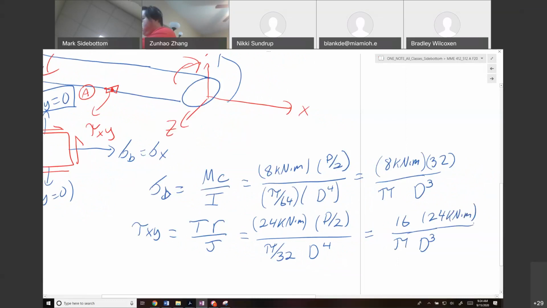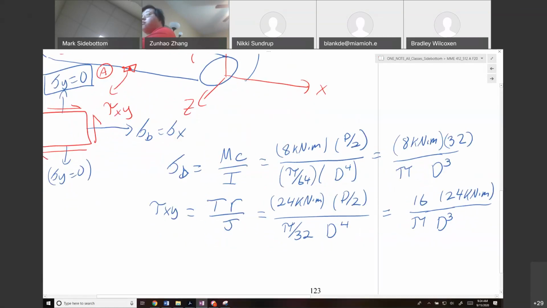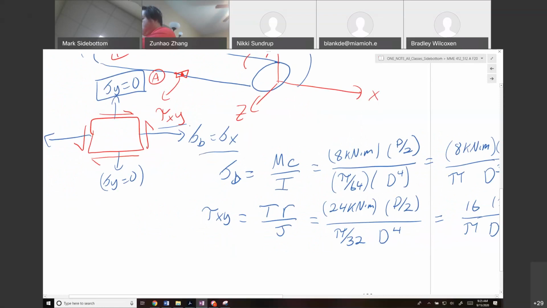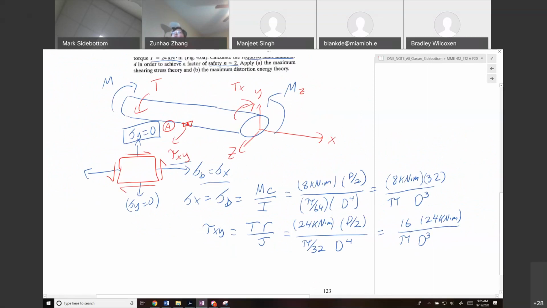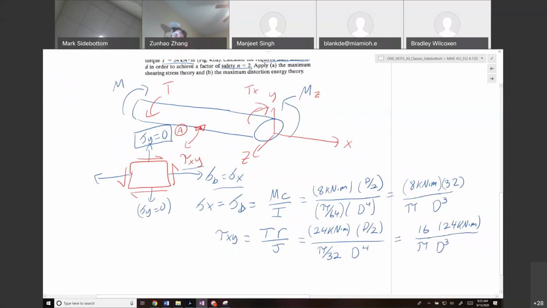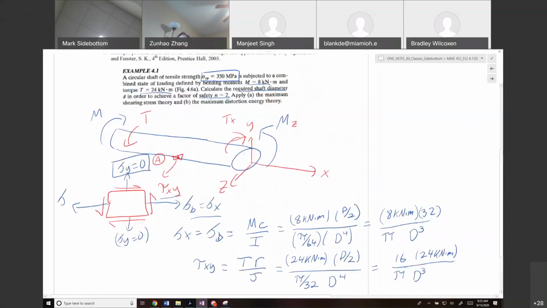The nice thing here is we have our given state of stress. Now that we have defined our normal stress along the x-axis and our shear stress, the next thing we need to do is calculate our principal stresses as a function of our sigma x and our tau xy.